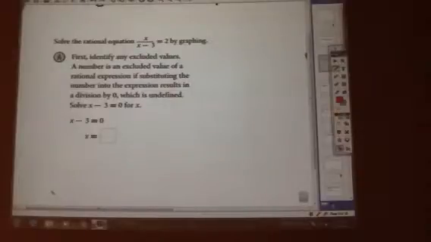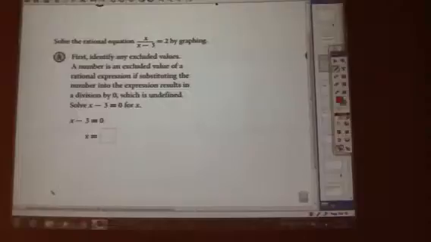Solve graphically. You can work this in your book on page 543. It says solve the rational equation x over x minus 3 equals 2 by graphing. First thing you're going to do is identify any excluded values.